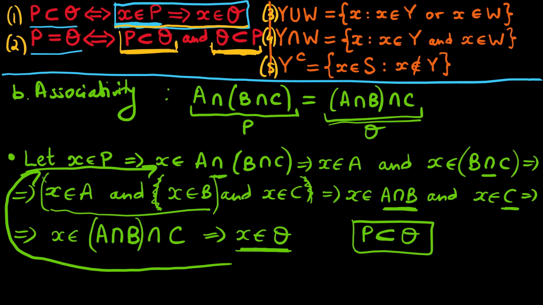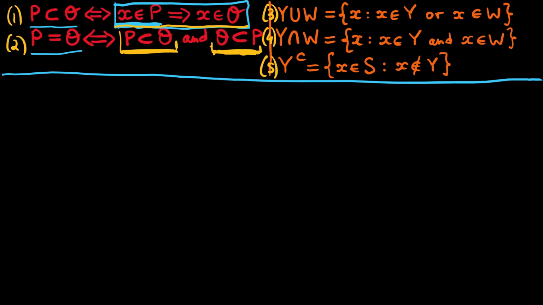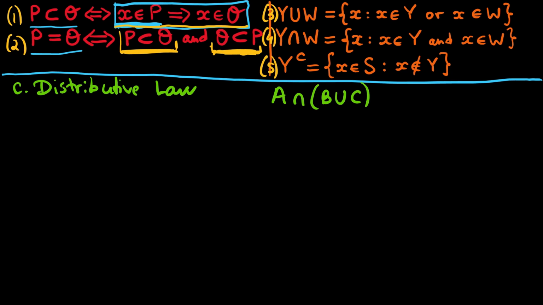Next, let's look at the distributive law. It doesn't matter which one we pick, so let's just take A intersection with B union C, and we want to show that it is equal to, we know how that works, we distribute the intersection to each set inside the parentheses, and we connect them with the operator that's inside the parentheses, union.